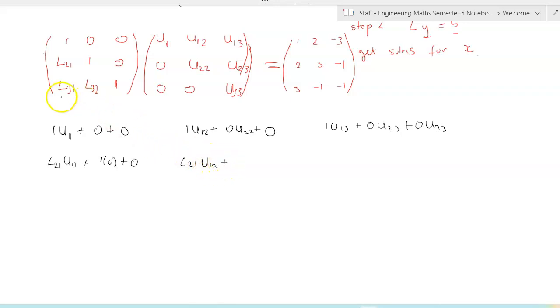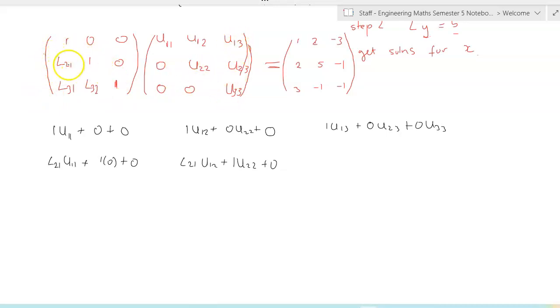plus, so this row by this column, it's going to be 1 times U22. Okay, and still at the second row, 0 by 0 plus 0 by 0. And now we're going to the third element in the second row, so it's going to be the second row by the third column.